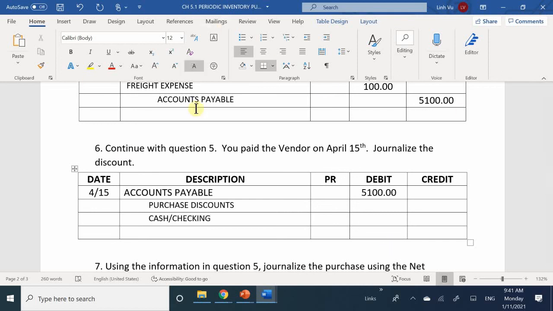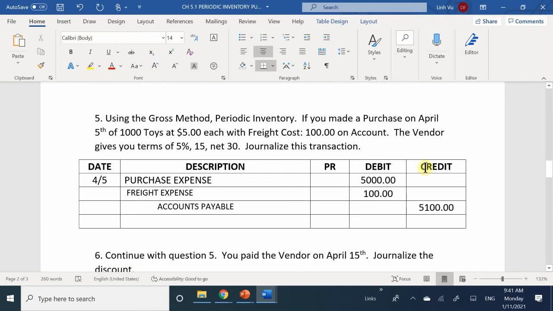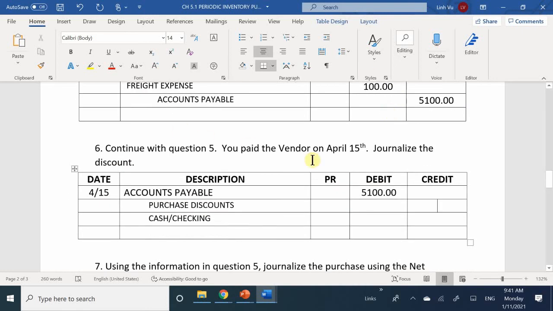Now let's look at this carefully. How much is my discount for? What percentage am I going to be calculating? 5%. Now, which amount am I going to be discounting off of? Yes. Okay, so how much is my actual purchase expense, what's the discount going to be for? 250. Yes, good.